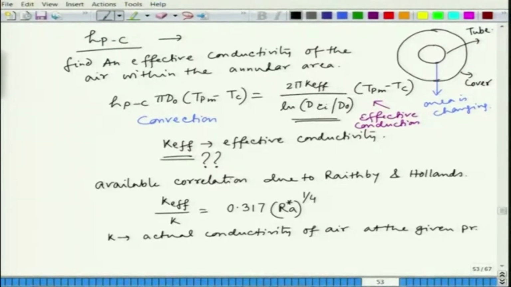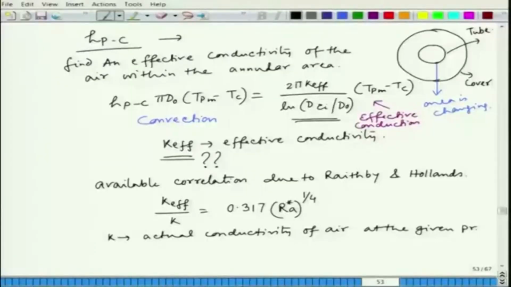So, you can change pressure within this annular space, and that is actually done. You have looked at the evacuated tube collectors while we were talking about the flat plate collector, and here also it is done for the parabolic troughs. So, you have to be careful what is the conductivity at that pressure level, because for a gas, pressure determines the conductivity value.